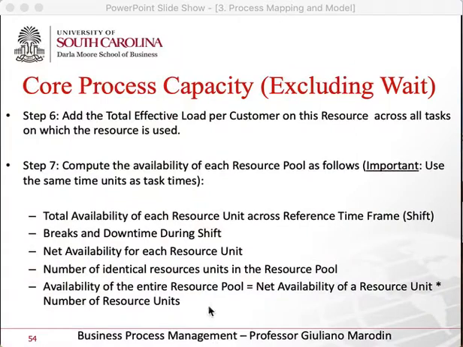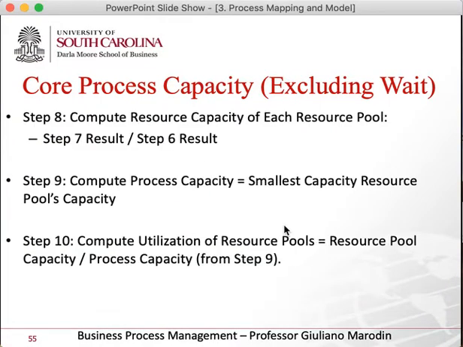So you also have another layer of complexity here because we have multiple resources that do different tasks, so you have to keep that in mind as well. Then you're going to compute the capacity of each of those resources, and the smallest capacity will be the capacity of the whole system, right? And remember, refresh your mind on the theory of constraints, and then voila. After all that, we're going to have the capacity of the process.